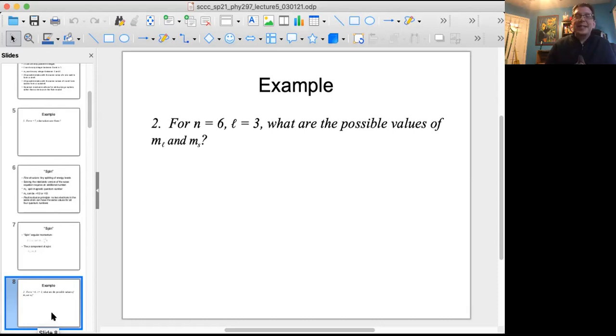For n equals 6, L equals 3, what are the possible values of M sub L and M sub S? In this, really, it's only the L term that matters for this particular part. So let's set up the whiteboard.